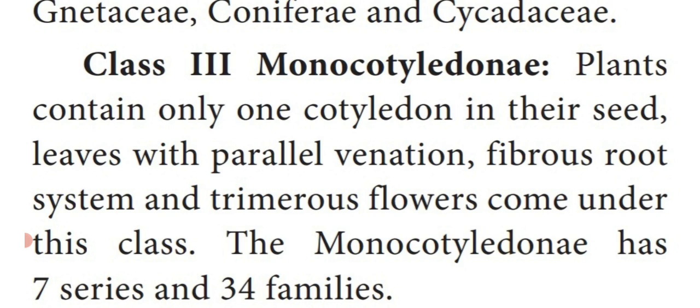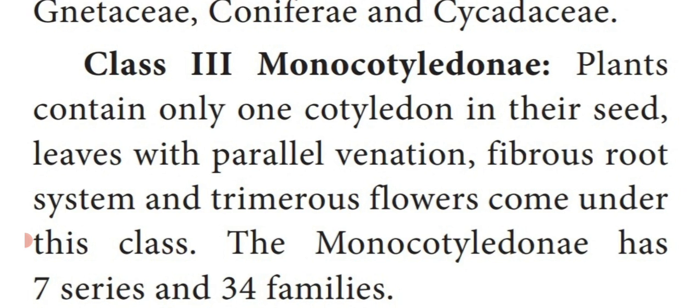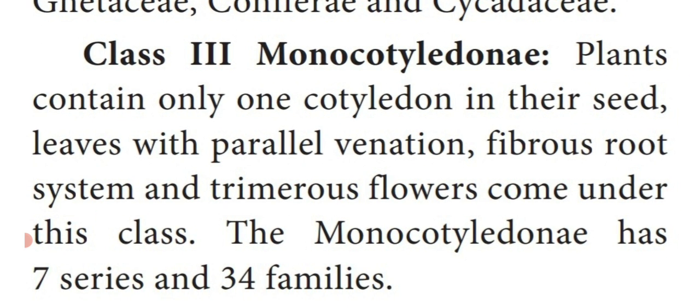Root type is fibrous root system. And the flowers with 3 petals only, that is said to be trimerous flowers, come under class monocotyledonae. It includes 7 series and 34 families.